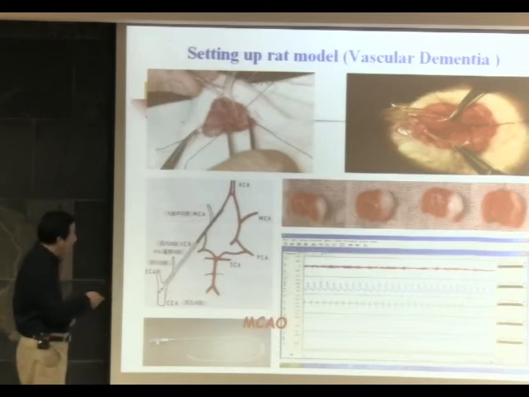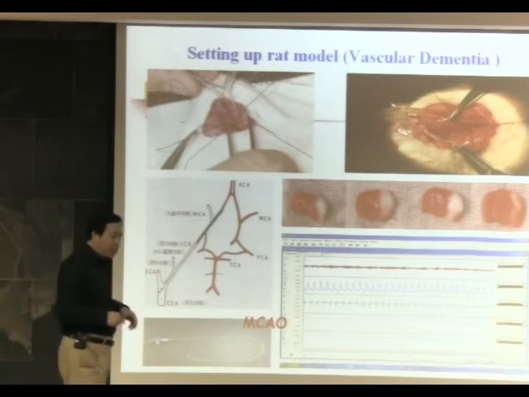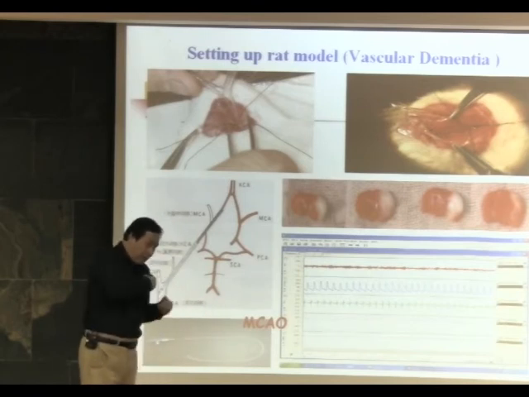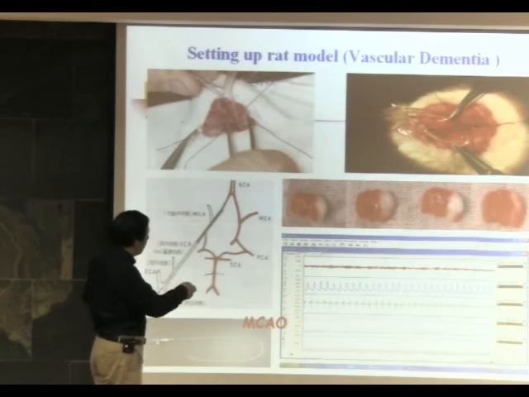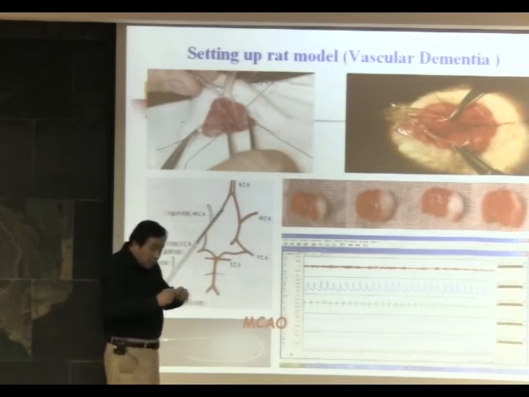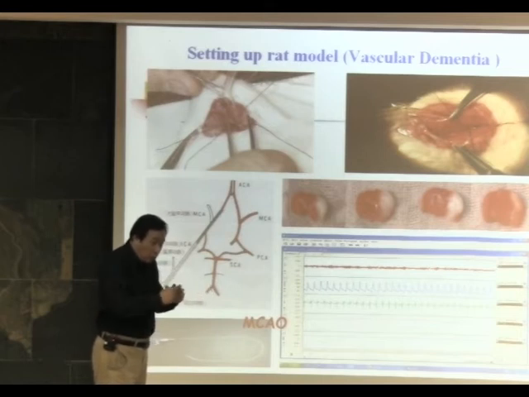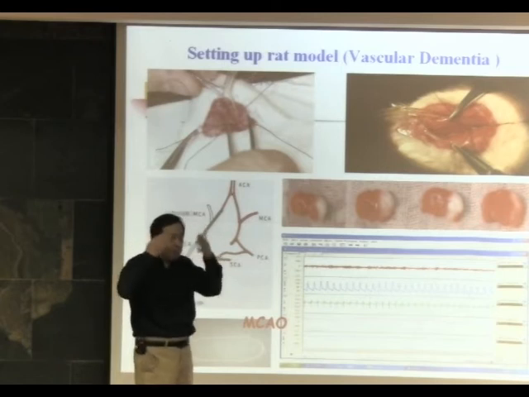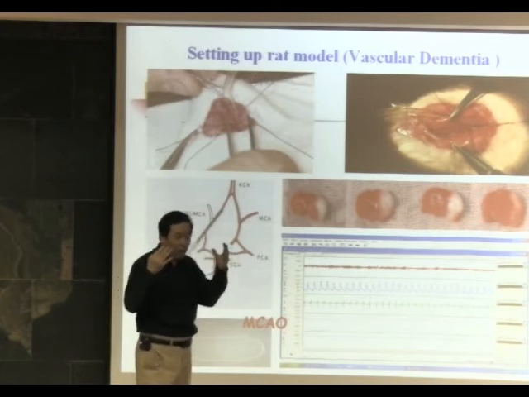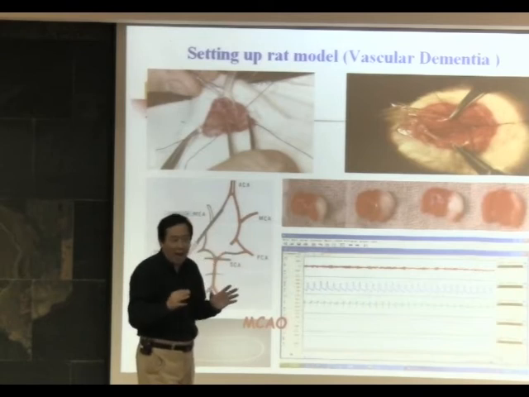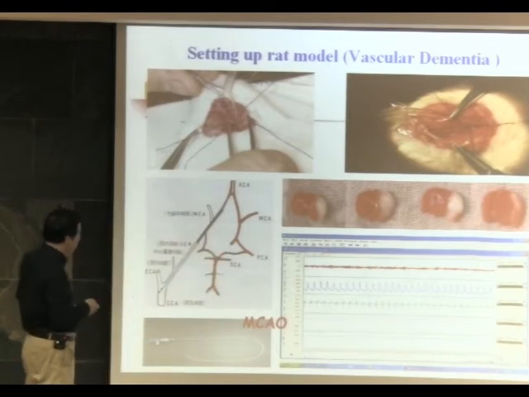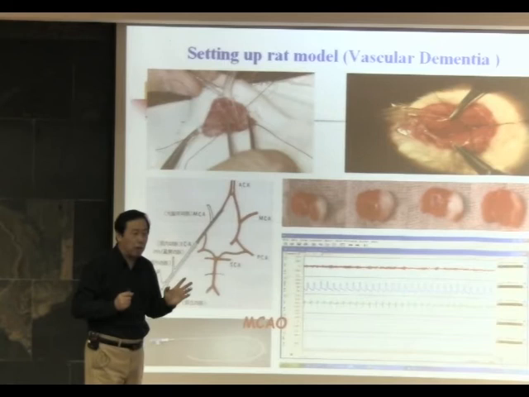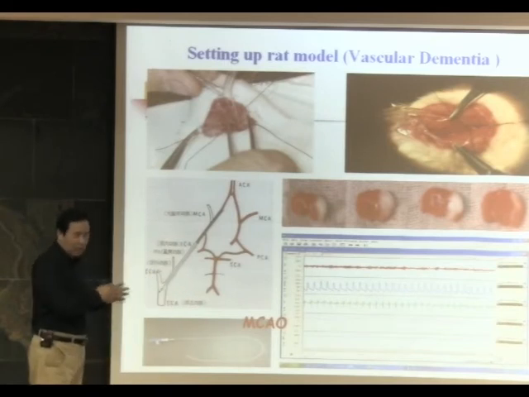First of all, we anesthetize the animal, and then we clamp the blood vessel here, block it and release it several times, so that the animal's cognitive function is decreased or impaired. And this animal model takes something like 4 weeks. Oh, really? So it's a long time.